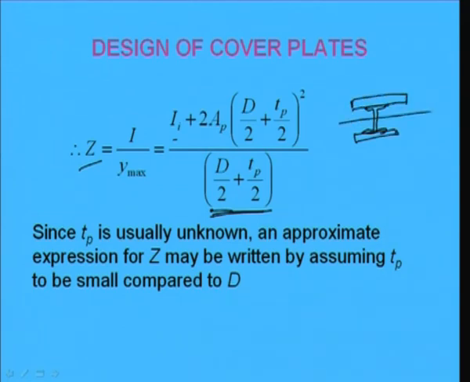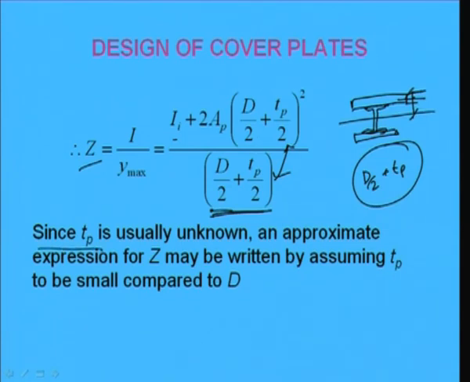Now, here will be the maximum stress. So, I can find out this distance will be D/2 plus T_P/2 at this, right. Actually it should be D/2 plus T_P, but for dividing these two we are approximately making it like this.